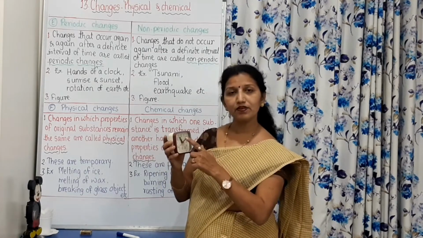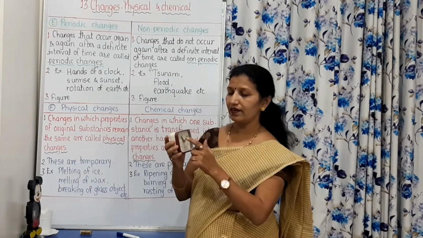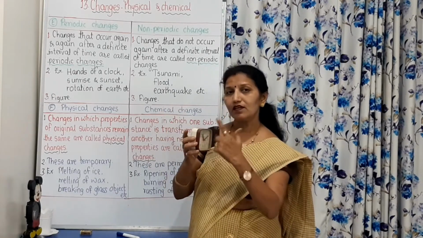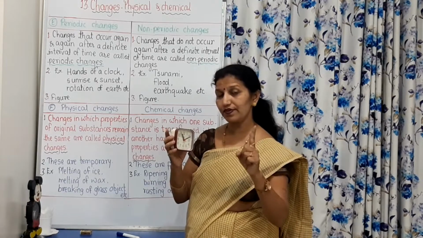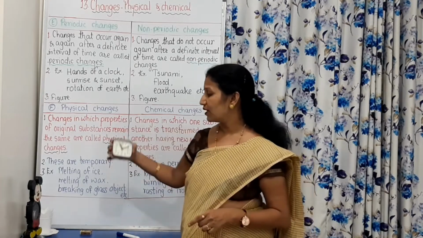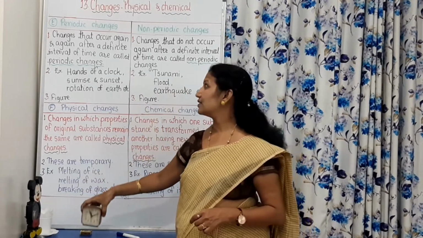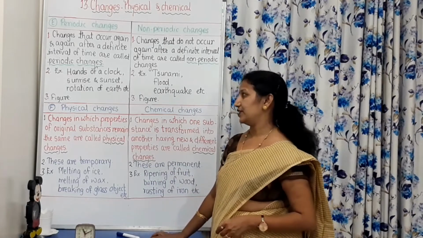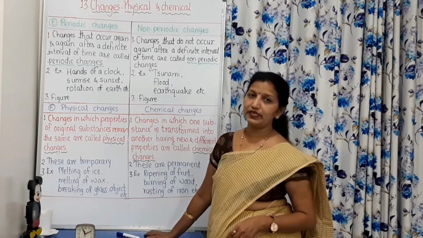The minute hand, hour hand, and second hand will come to this same position again after 12 hours. So what does it show? It shows that it is an example of periodic change. In this way, there are so many examples of periodic changes.